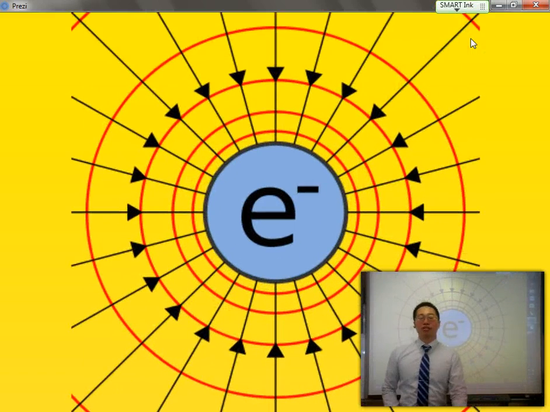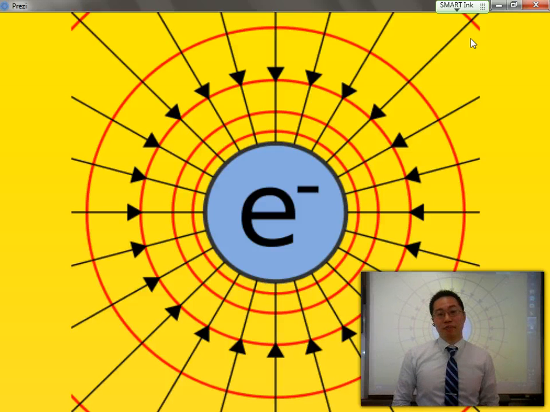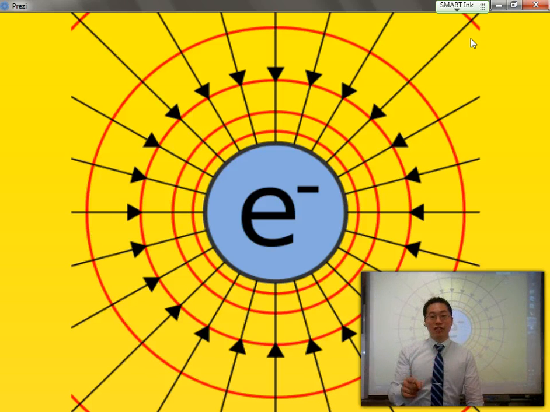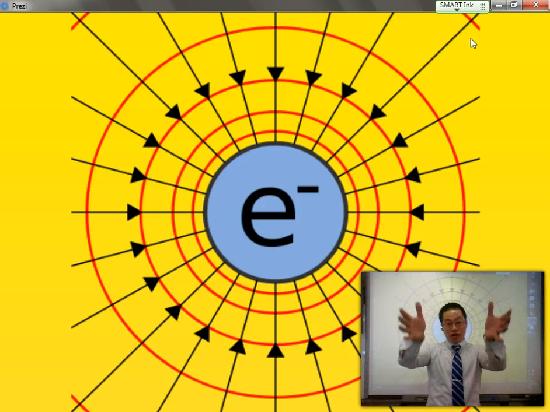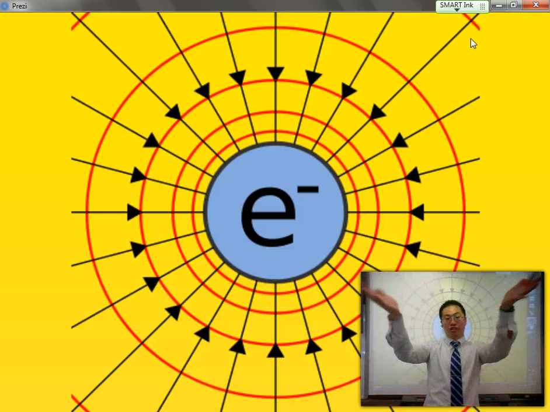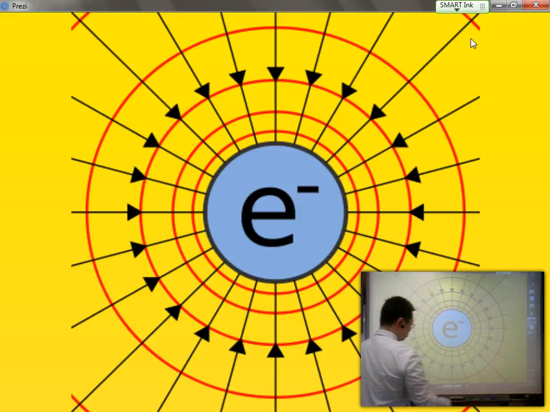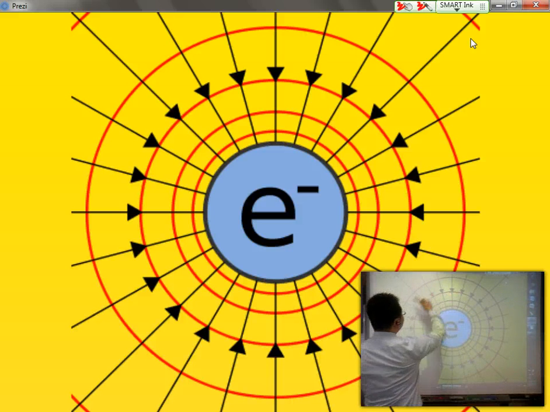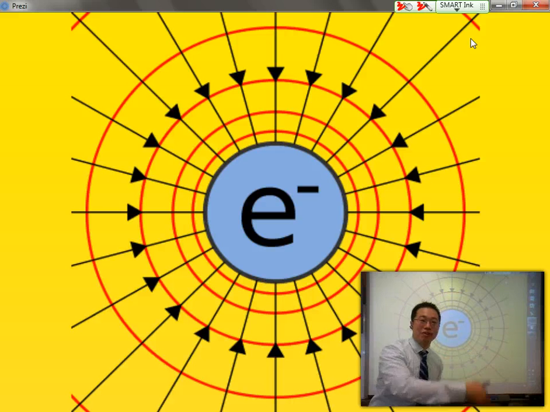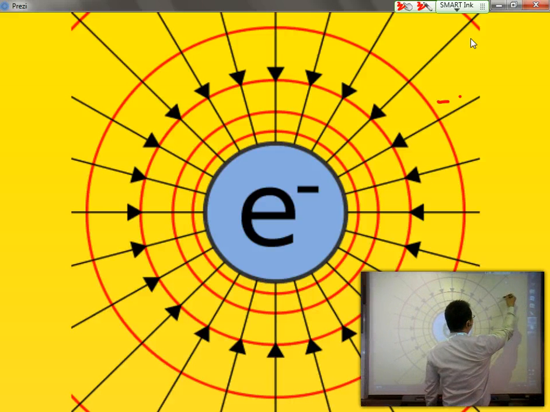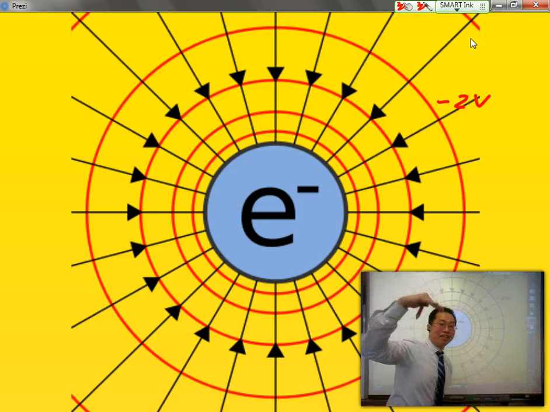Here is just a picture of an electron, and we see that the electric field lines are going in. But remember, that electron is really a giant pit of electric potential, of negative electric potential. So what these contour lines are representing are going deeper and deeper down inside that pit. You might be -2 volts falling downwards.